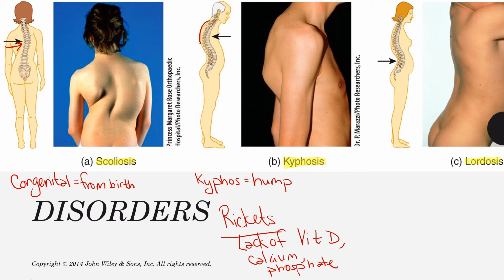Lastly, we have lordosis. The prefix lord means bent backward.